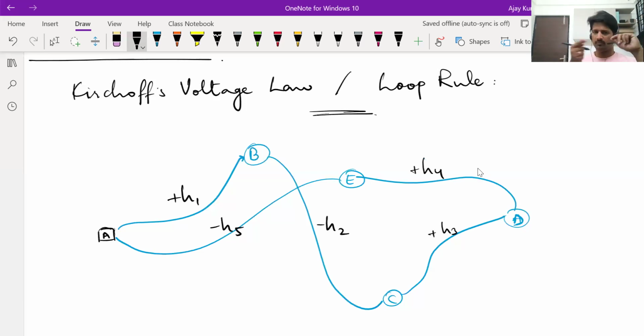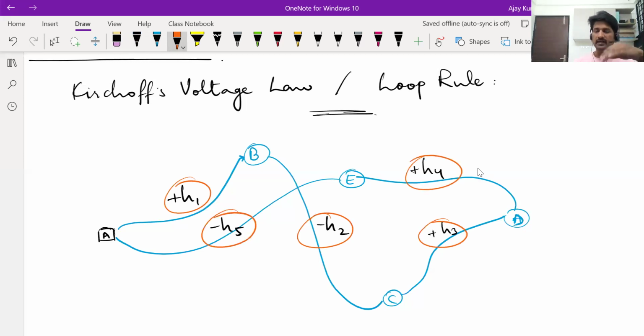But when you come back to the starting point, the total height gain and the height loss that you have undergone during the journey, or the total gain in elevation and the total loss in elevation, should balance out. Or you can say the net gain in elevation is zero, because sometimes the gain in elevation is positive, sometimes the gain is negative. When loss is happening, the gain is negative. So the total gain in elevation becomes zero if you return to the starting point.